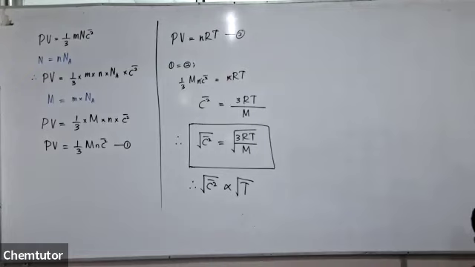Hydrogen, what is the molecule? H2. So there are two hydrogen atoms. What's the molar mass of one atom? One. So if there are two atoms, we must take the molar mass of the whole compound, not drop one hydrogen atom. It's a whole molecule.